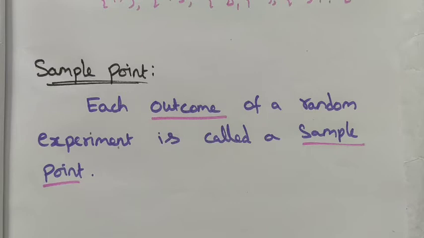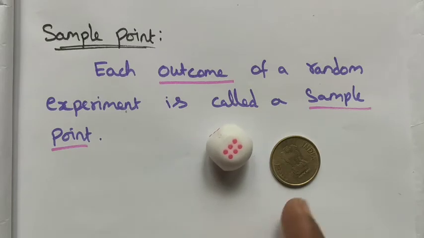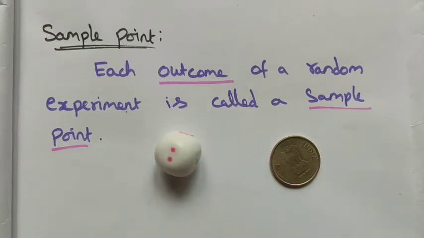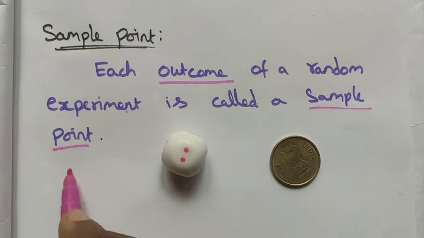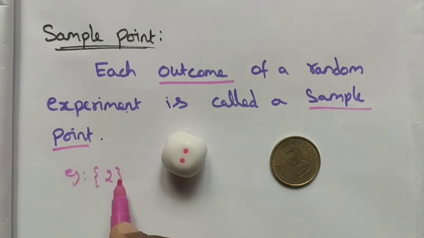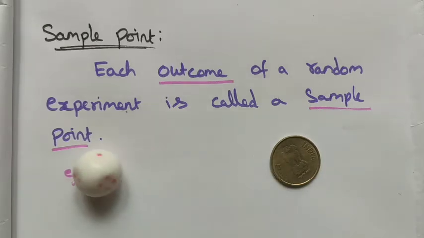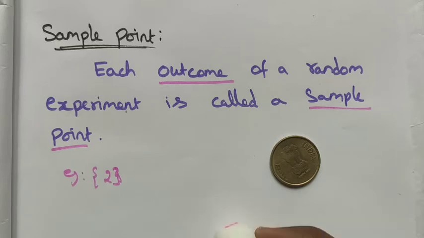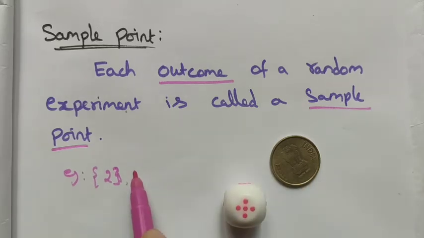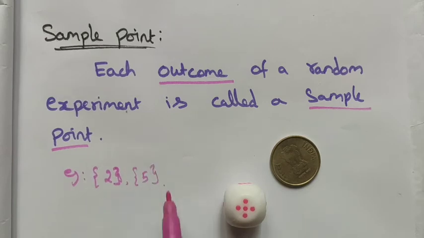So each outcome of a random experiment is a sample point. Here we take the dice and the coin. If I roll the die, we get a number 2. So the number 2 we get is a sample point. And then again I roll it, we get a number 5. This is also a sample point.